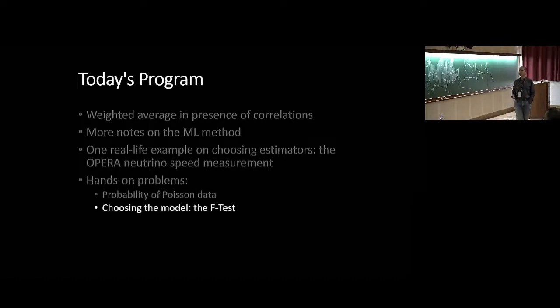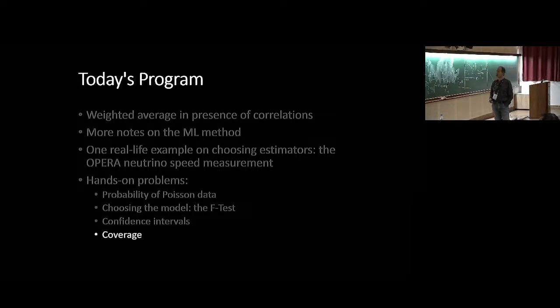We will do some examples with ROOT with a macro that will allow you to choose a model to fit the data. When you have some data, you have to decide what model describes the data better. And so we will do a little bit of model selection by using the F-test, the Fisher test. And then we will discuss confidence intervals and coverage, okay?